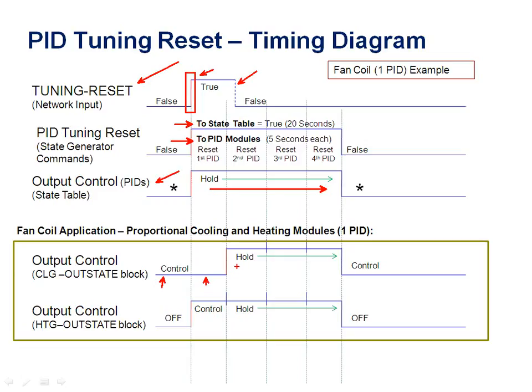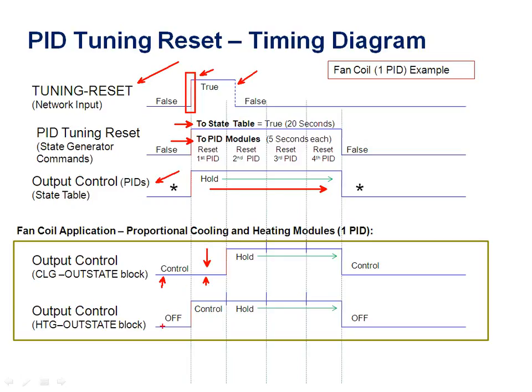And then for the second reset PID command, it goes to the hold state, and it just remains there for the remaining 15 seconds before it goes back to control. So it's this first command that actually resets the PID for the cooling out state.